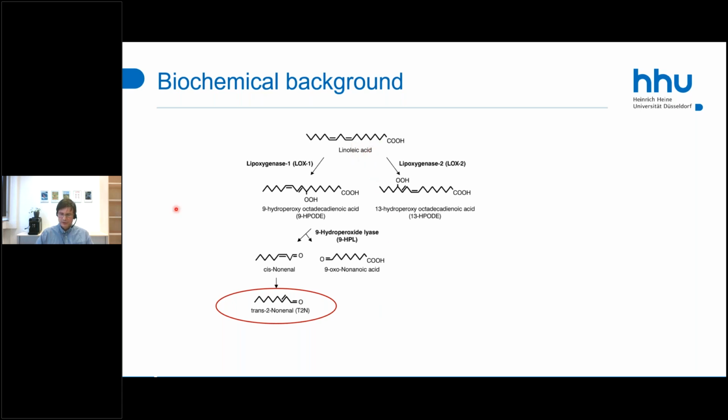The first enzymes in this oxidation process are called lipoxygenases, and in barley we have two: lipoxygenase 1 and lipoxygenase 2. The two feed into two different pathways. Lipoxygenase 1 goes into this direction, and lipoxygenase 2 is going into the jasmonic acid pathway.